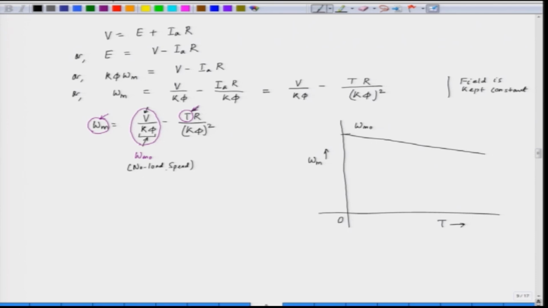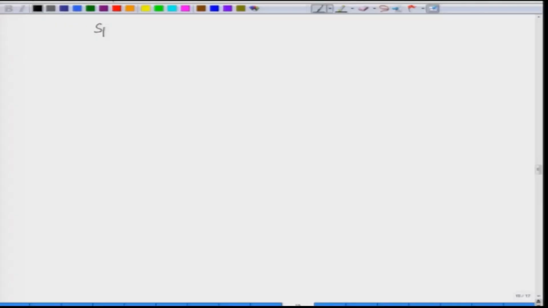So, this is the characteristic of a shunt DC motor, or the same as a separately excited DC motor. Now, what we have to do here is control the speed. How do we control the speed of a shunt DC motor or a separately excited DC motor? That we will be discussing here.